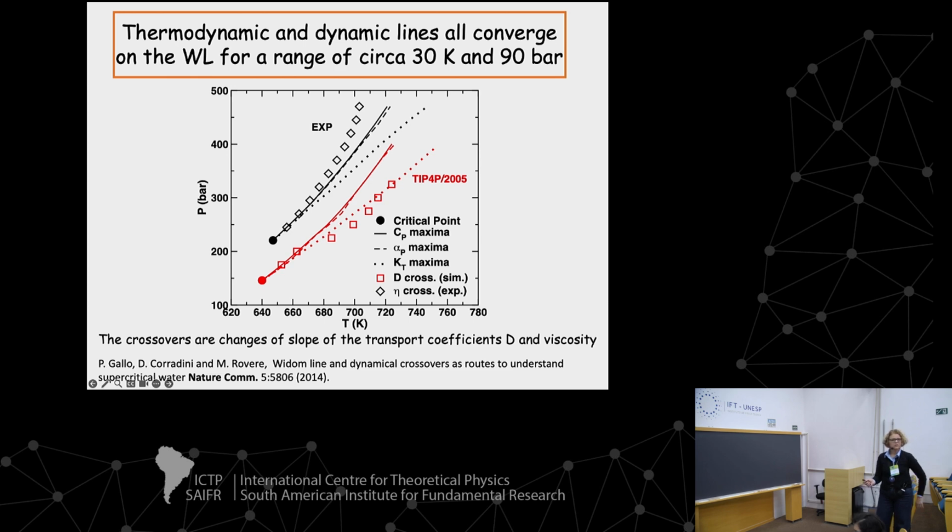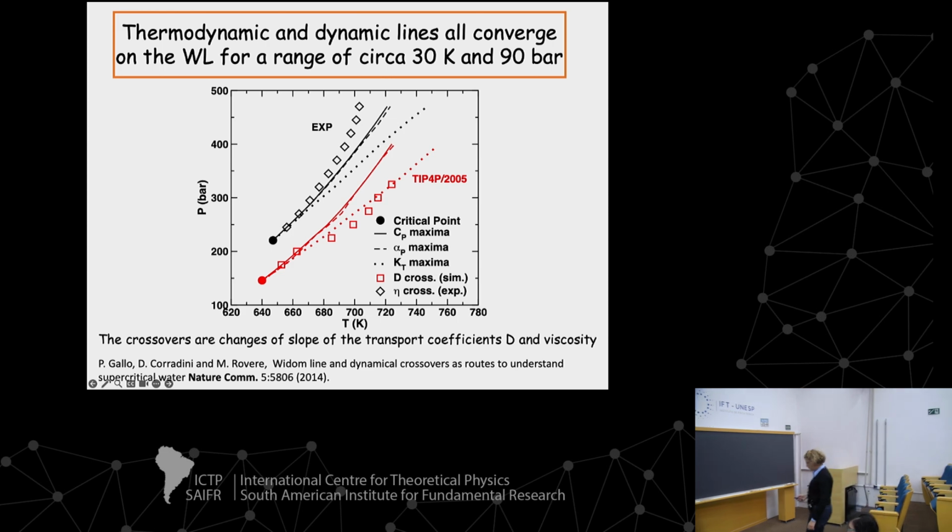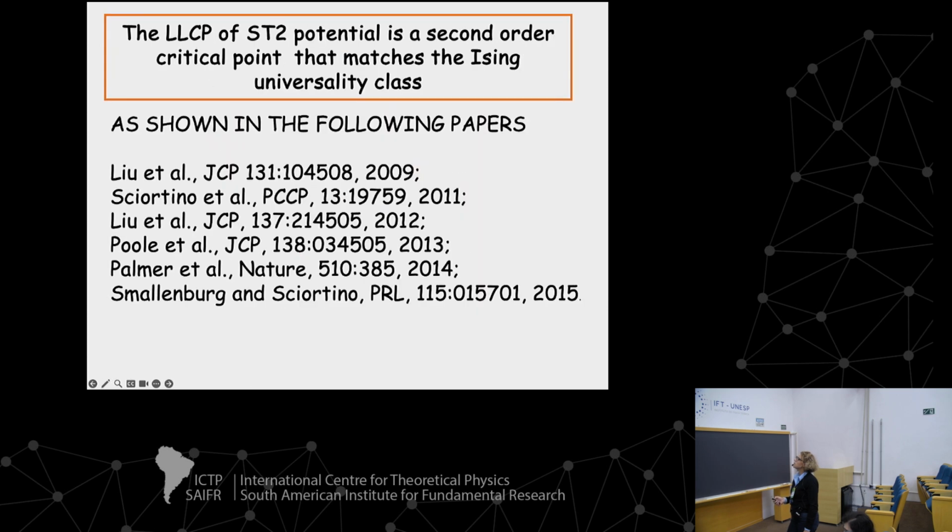So this is the difference. So it's not so strange that also dynamics will understand there is some change in the fluctuation of the liquid from left to right of the Widom line. In fact, in this paper, we sent the important message that the supercritical state is more complicated than was thought before, and it is to be studied. In fact, after this paper, there were many others on this issue in supercritical water.